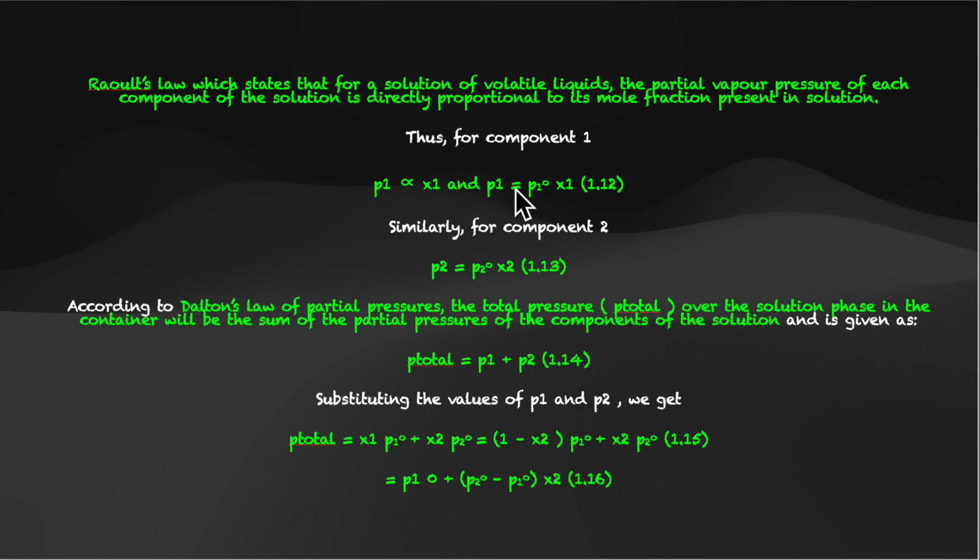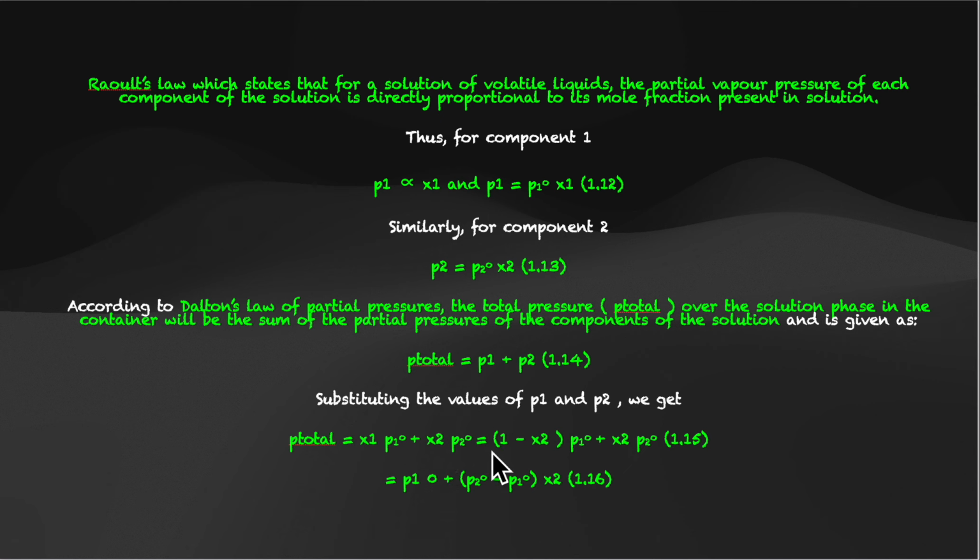So we have found that P1 is the partial pressure of component 1 and P2 is the partial pressure of component 2. Then P total, which is the total vapor pressure of the solution, is nothing but P1 plus P2. Substituting the values of P1 and P2, we have chi1 P1 naught plus chi2 P2 naught.